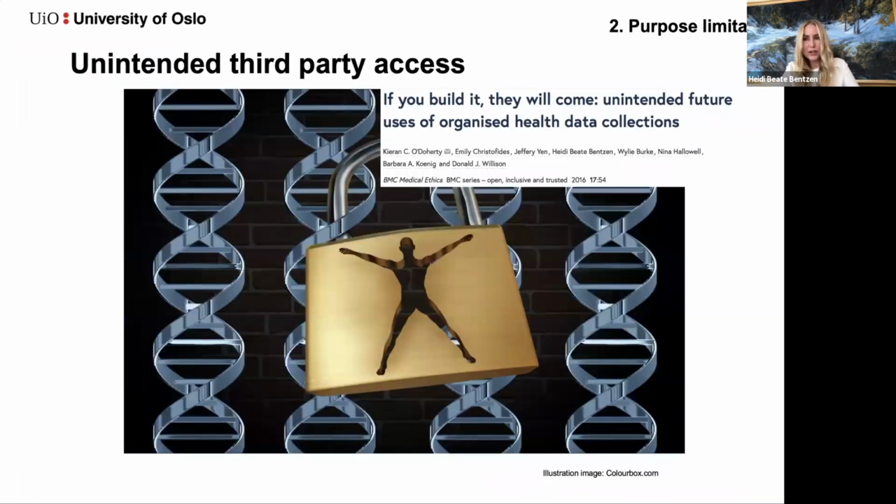There are other sides to the purpose limitation principle you need to be aware of, though, and particularly for genetics research. You are often building large genetic databases, and those are tremendously useful for medical research, but they also have enormous misuse potential.